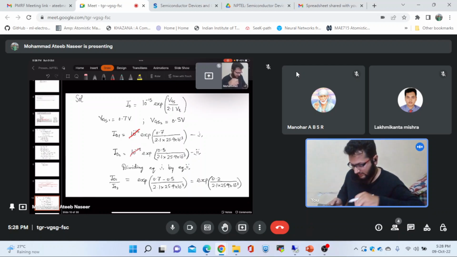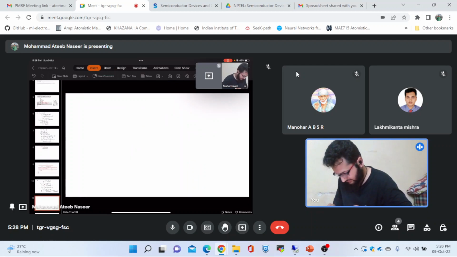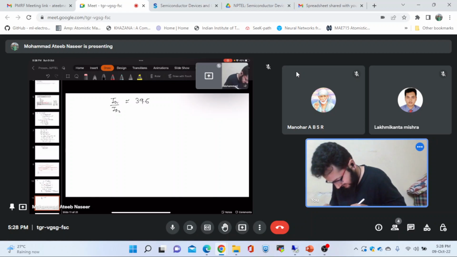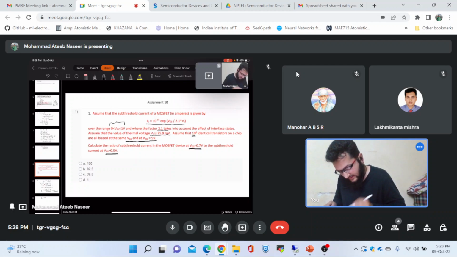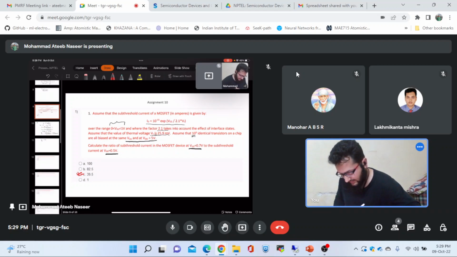So it comes out to be, let me write this on another slide, ID1 by ID2. It approximately comes out to be equal to 39.6. So it is option C, which is matching. It is approximately equal to 39.5. So we have been able to solve this question by just equating these current values.